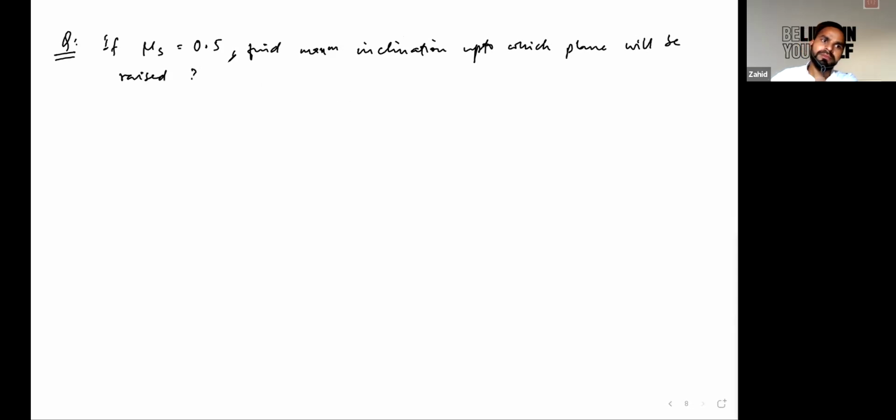In this problem, you have to calculate the angle of repose. We derived a relation in the previous part: the coefficient of static friction equals tan of the angle of repose. So tan phi equals 0.5, and from this you calculate phi equals tan inverse of 0.5.